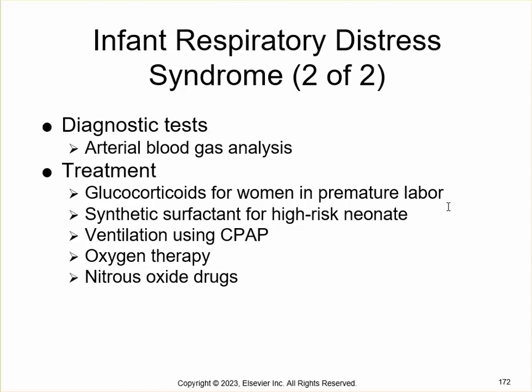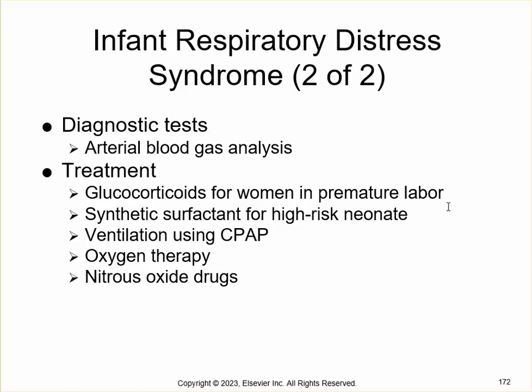If it's bad enough, we may have to use positive pressure, so a CPAP type of thing. Increase the oxygen levels is another thing. Nitrous oxide to cause bronchodilation and make it as easy as possible, probably work as well.